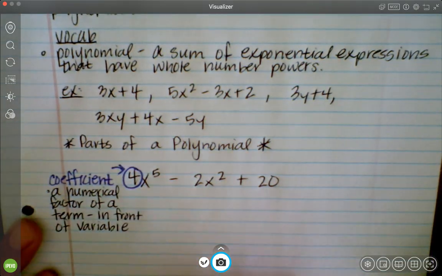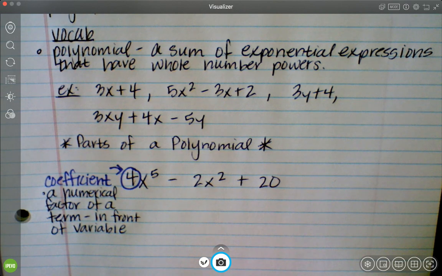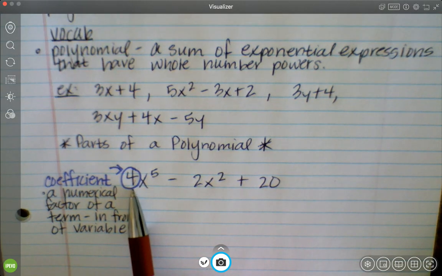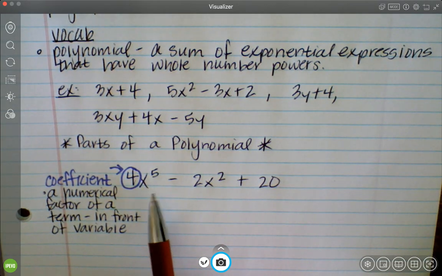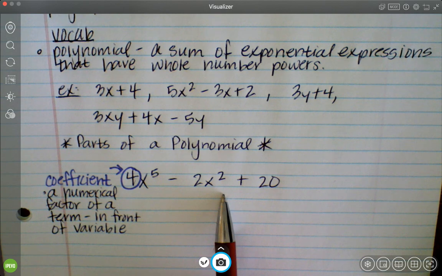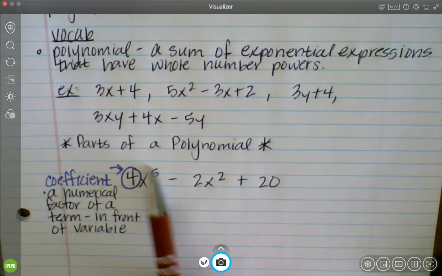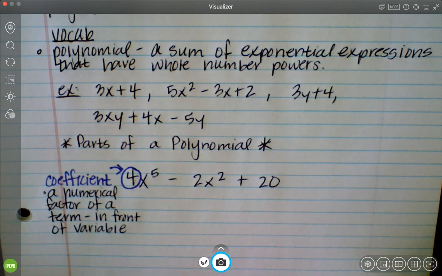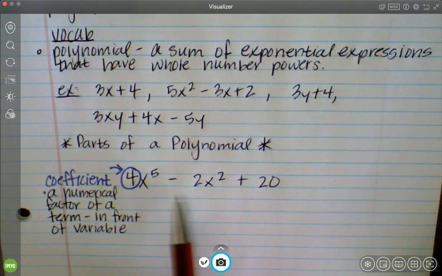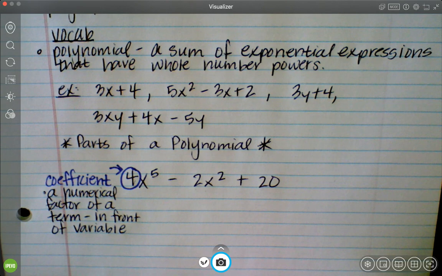So basically what the coefficient does is it tells us how many we have of that term. So this is saying we have 4x to the 5th. So we could break this up and we would say we have x to the 5th, x to the 5th, x to the 5th, x to the 5th. But instead of writing it out 4 times, we're saying here that we have 4 of them. So it's 4 times x to the 5th. Right here we would have negative 2x squareds.